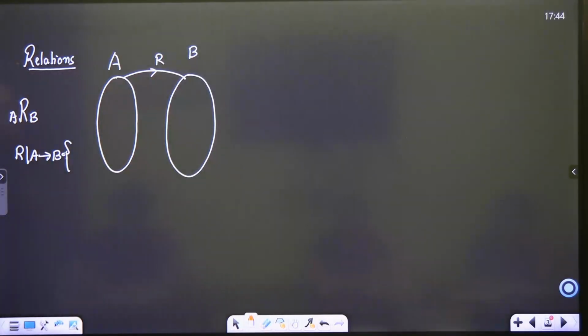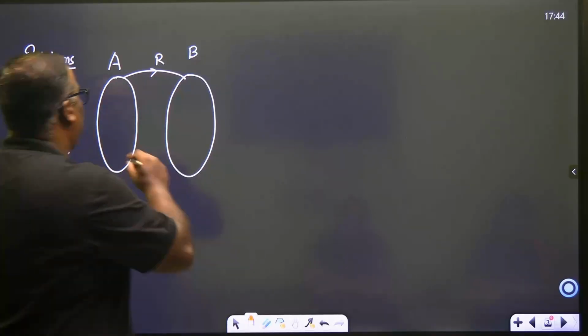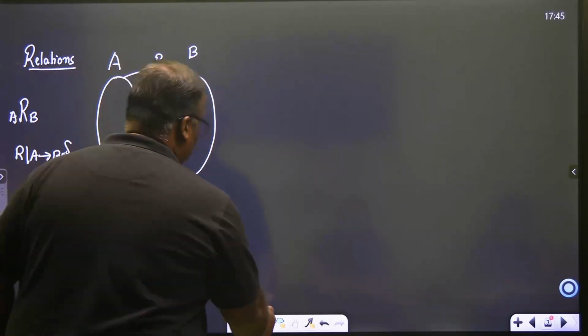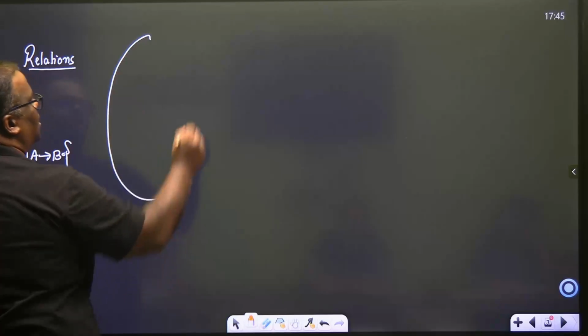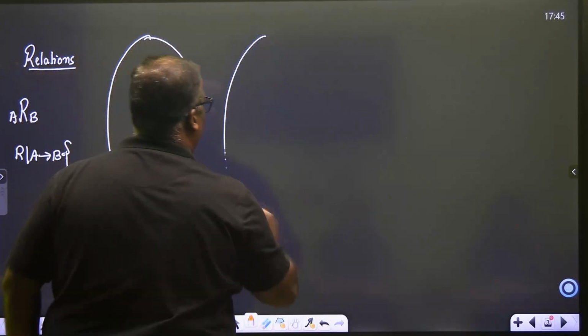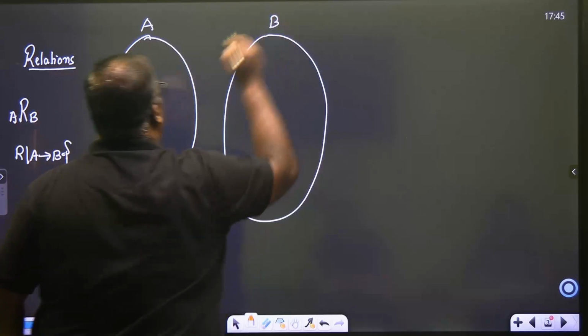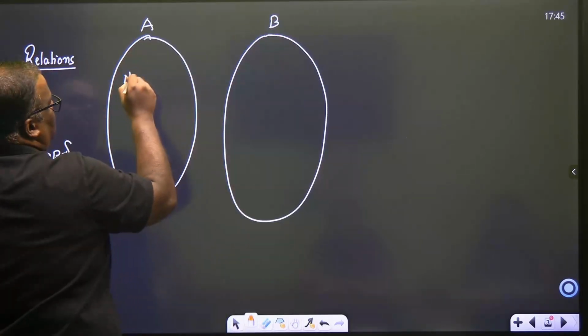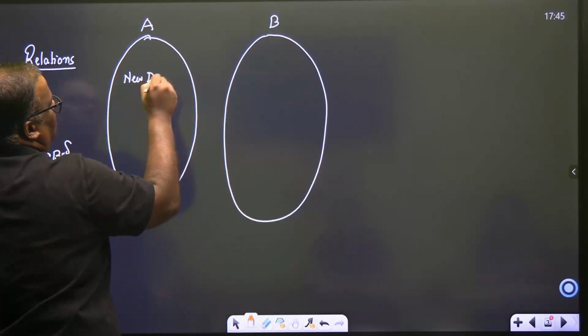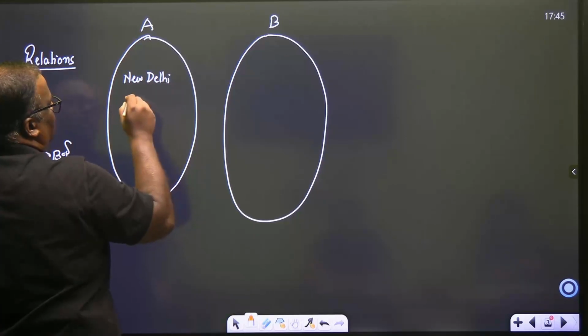Now let's say I'm trying to create these two relations, and let me make it a bit bigger because we'll have some examples which will make it clear for you. Let's say this is A and this is B. Let's say I have a city whose name is New Delhi. Say I have Shanghai.